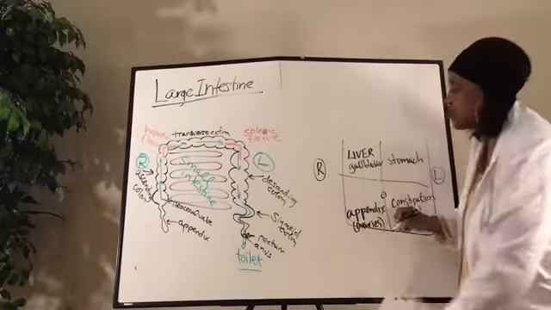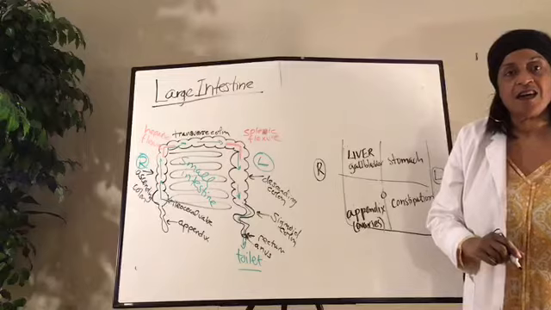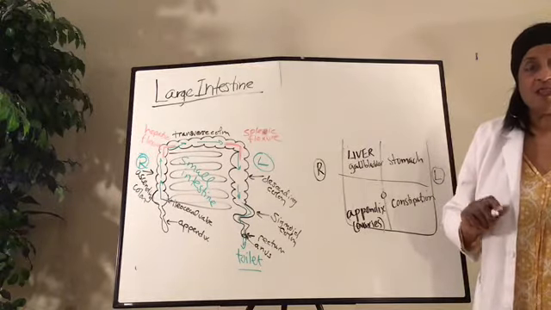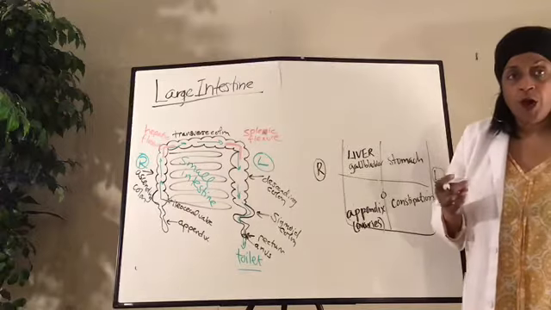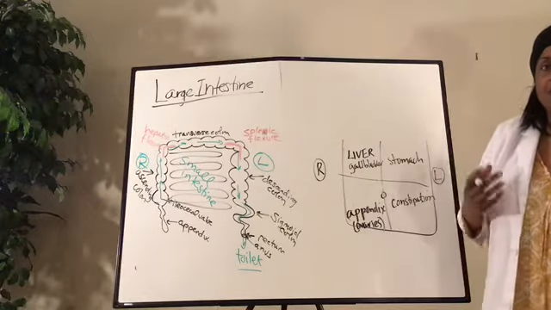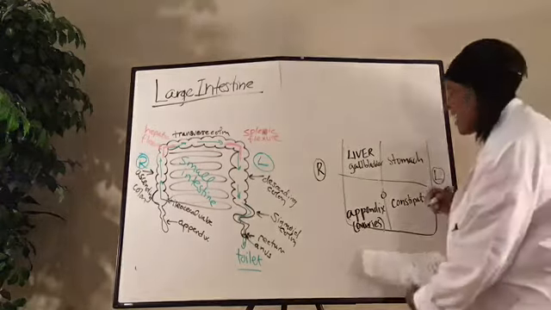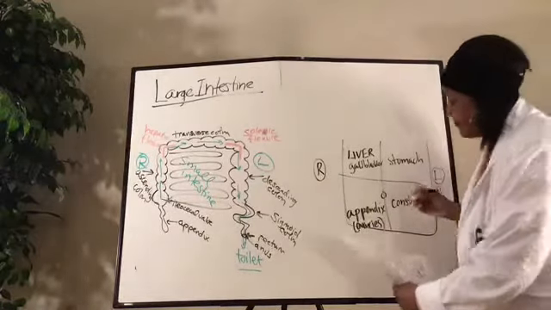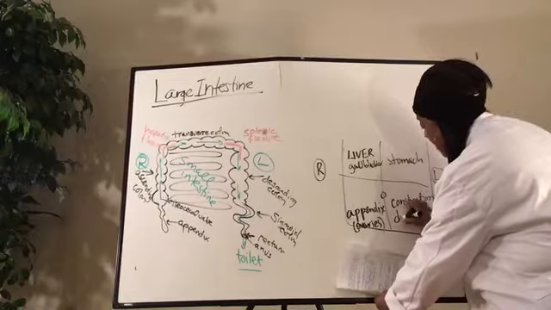But another thing too, when you don't eat a nice high fiber diet and or you don't get enough fluids, specifically water, you can get something called diverticulosis and diverticulitis, usually seen in older populations, but it can happen to anybody.